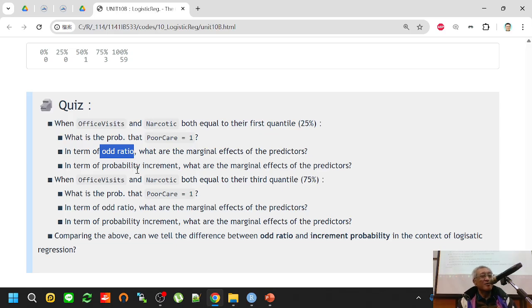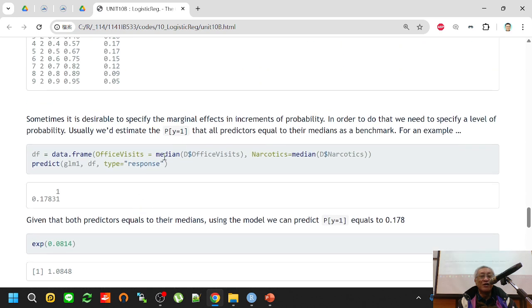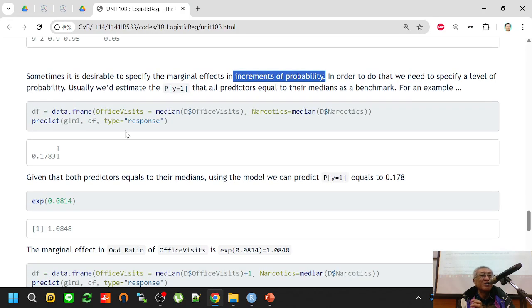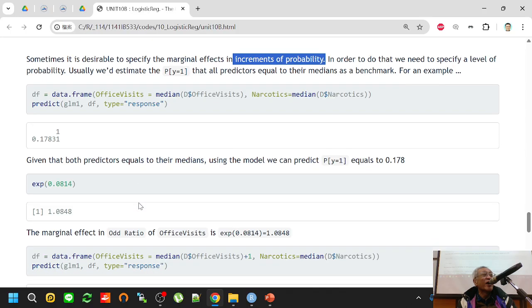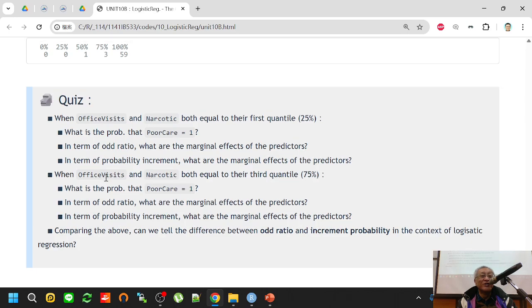But the problem is that sometimes it's desirable to know the increment of probability, and it's not an easy thing to do. You need to know every x. So I will leave this for your homework this week.